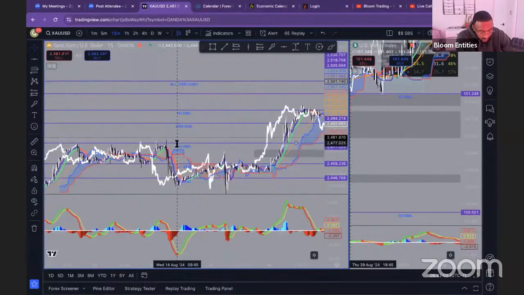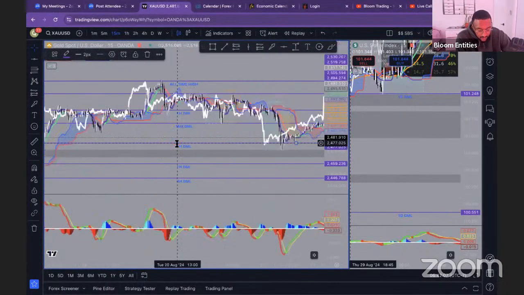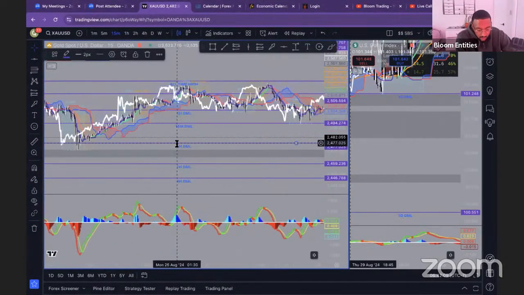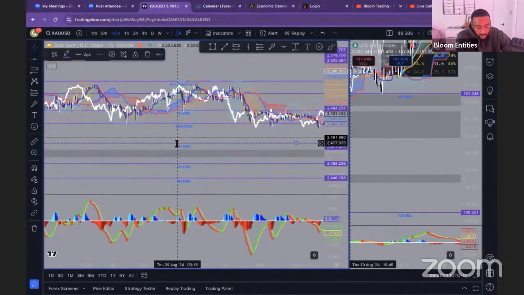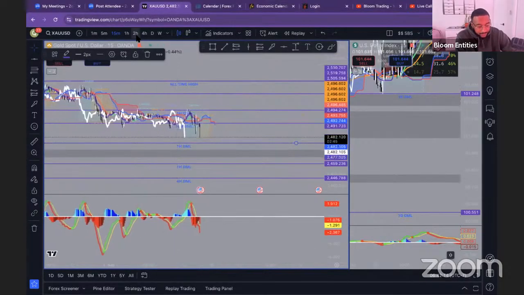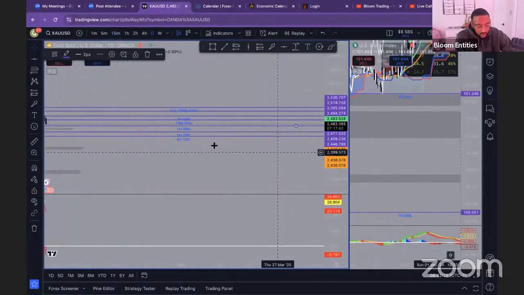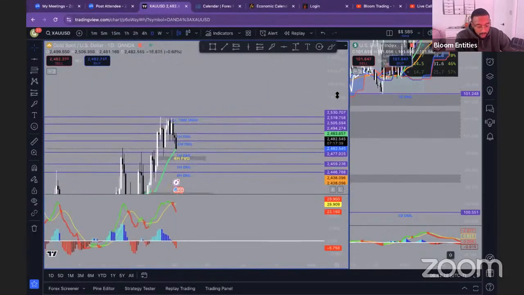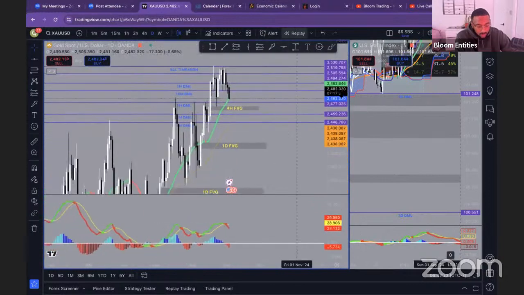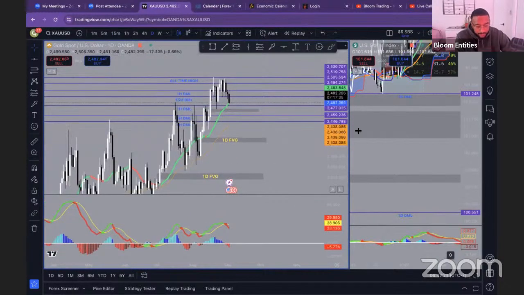And again, we can fine tune as we move down the time frames. I do want these levels to be as accurate as possible. And again, I think we have a fantastic markup here on our gold pair. Everything labeled. That's what I want to see.